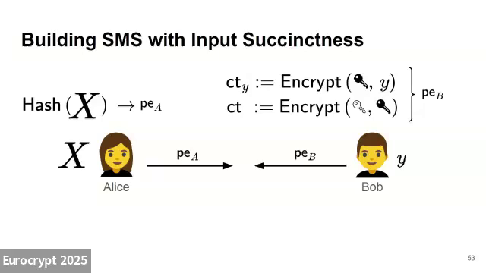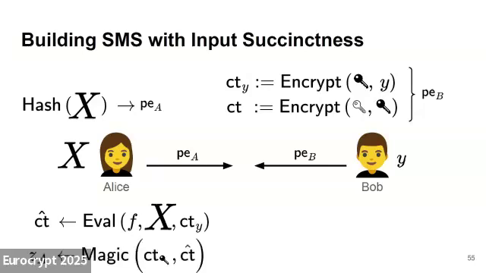And this will be his encoding that he sends to Alice. Alice will use this information provided by Bob to compute an evaluated ciphertext CT hat, which I'll explain later. And then there will be some magic procedure that will use the encrypted FHE secret key to decrypt this evaluated ciphertext into a secret share.